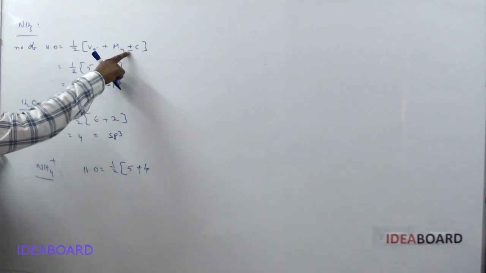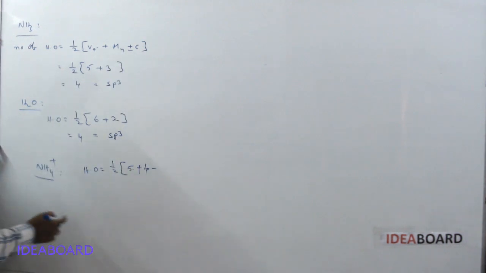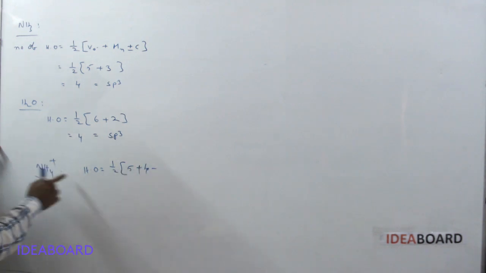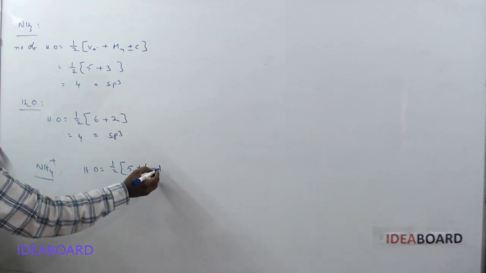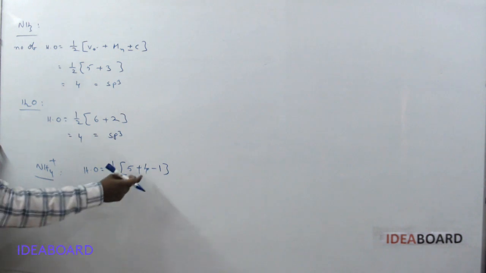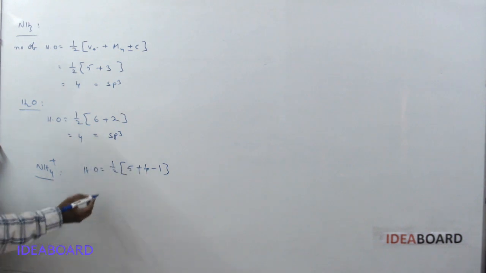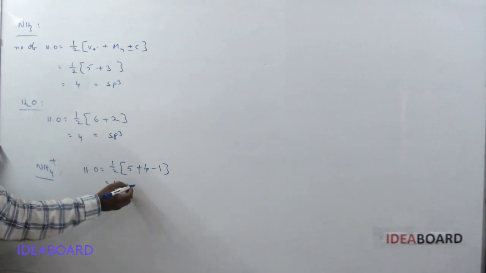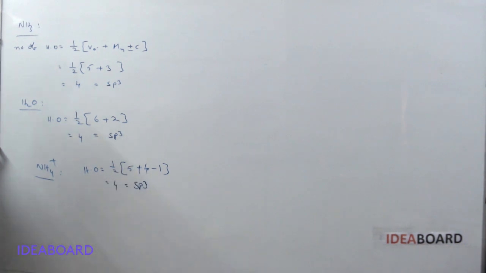If a positive charge is present, you remove one electron. How many charges are present? Positive, one charge. So remove one electron. So you will get 4 minus 1, 3; 5 plus 3, 8. Again it will be 4. So it is sp3 hybridized. So NH4 plus is sp3 hybridized.